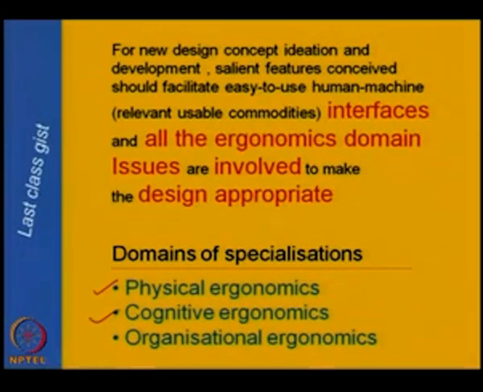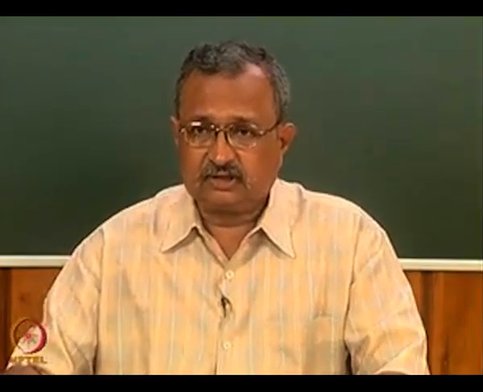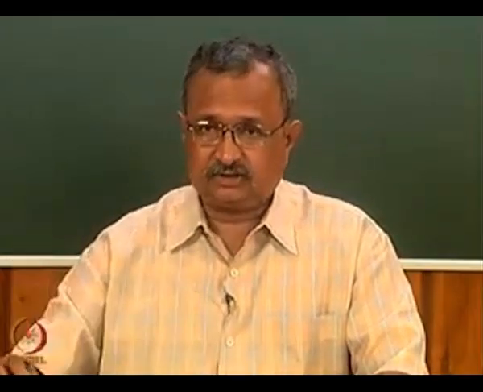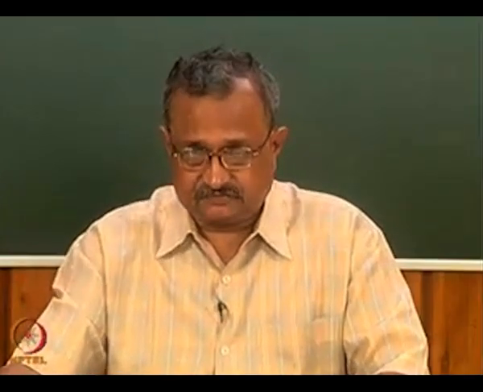Cognitive ergonomics, there is a behavior in consideration, there is perception areas, and organizational ergonomics, that is, that macro aspect of ergonomics, that is, man, his all other equipment whatever he is using, that unit and multiple units, relations, etc.